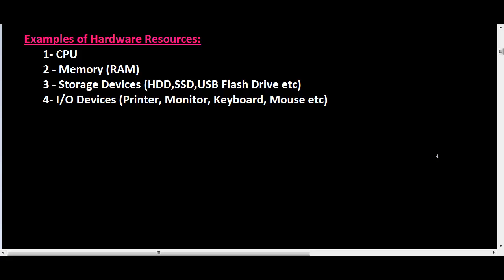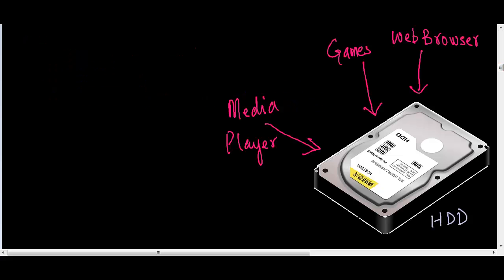Before I proceed further with how the operating system manages some of these resources, let me explain a few very important concepts. When we want any application to be present in our computer system, we download it and install it on a hard disk drive.